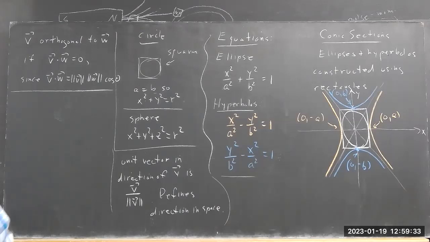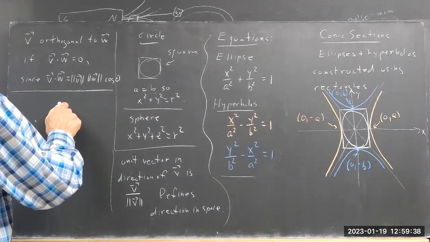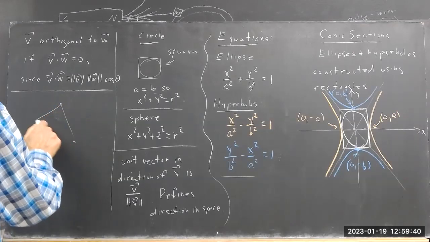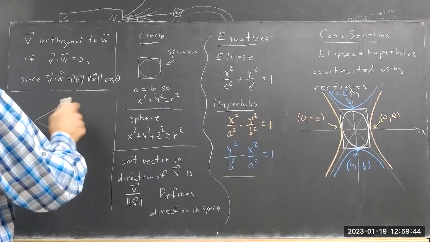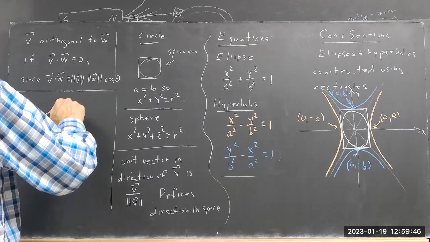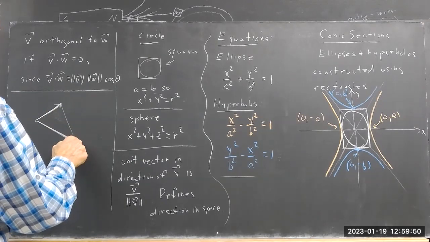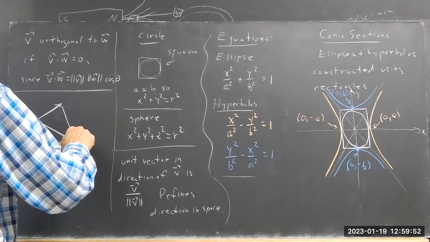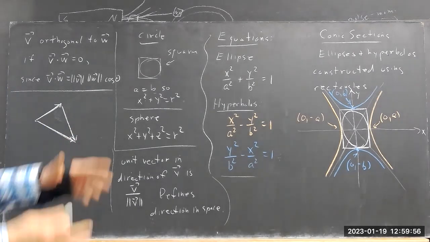You've got a triangle. You have the coordinates of the 3 points in the triangle. If you know the coordinates, you can find vectors. You've already done vectors.